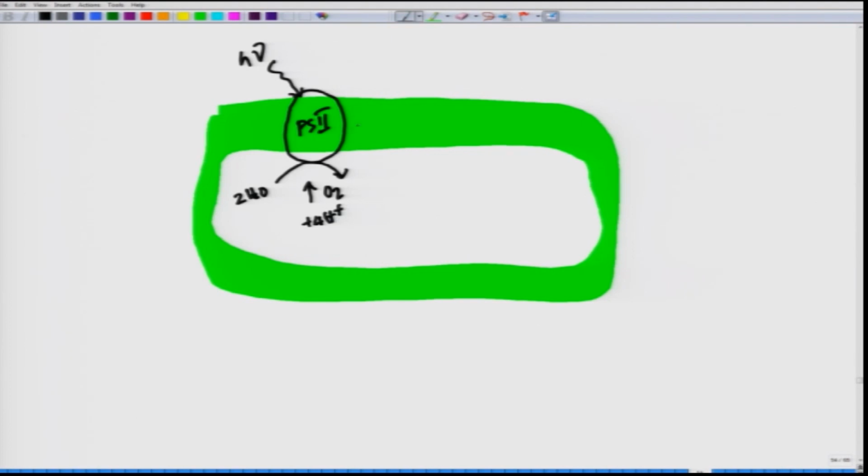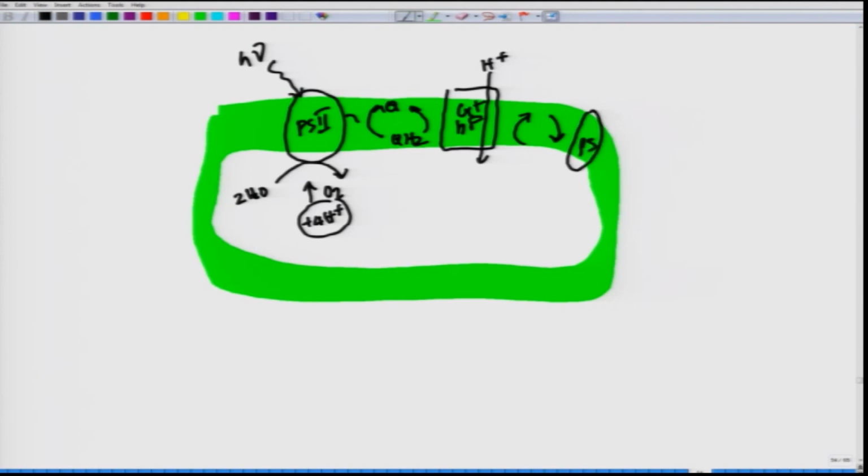Now, this electron is traveling through QH2, referred to in the previous lecture as Q, and it is coming to the cytochrome BF complex, if you remember. And there also I told you that there is a proton gradient being created here and out here. Then through plastocyanin and everything, the electron moves to photosystem 1, PS1.